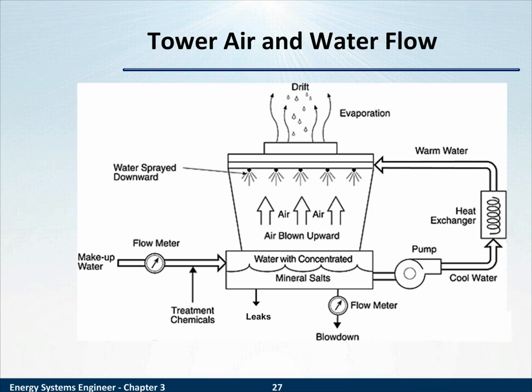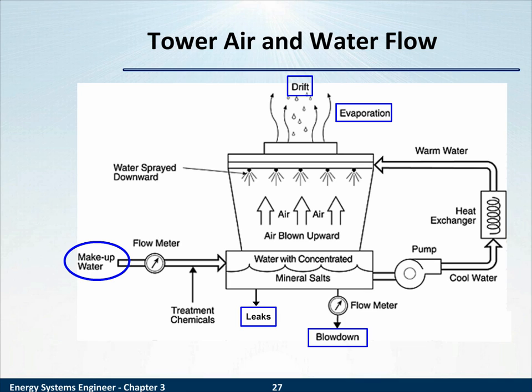Let's look at the water balance in the cooling tower as we prepare ourselves to look at chemical treatments. What you see here in the boxes are the ways that water can get out of the system. Water can get out through leaks. Certainly these huge mechanical systems can have some leaks.